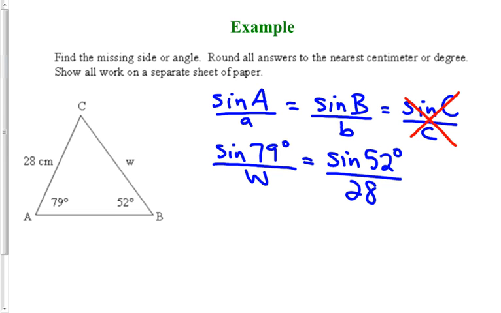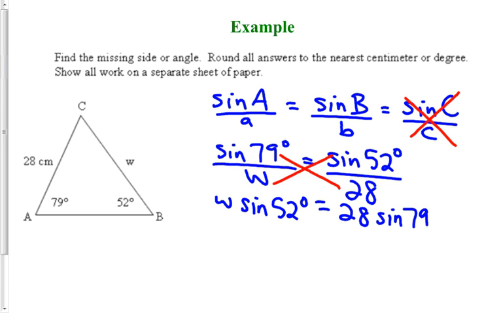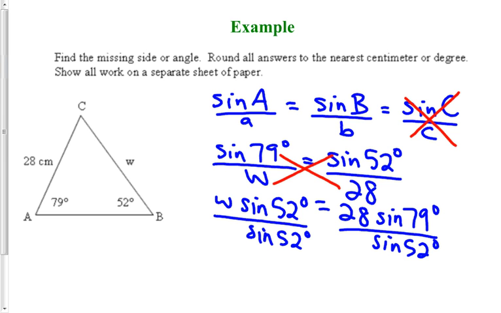And we know that you solve a proportion by cross-multiplying. So W times the sine of 52 degrees will equal 28 times the sine of 79 degrees. We're solving for W. Right now it's being multiplied by the sine of 52 degrees, so we need to undo that multiplication by dividing both sides of the equation by the sine of 52 degrees.